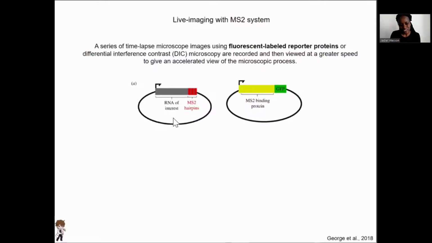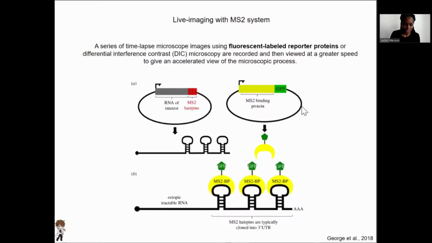So imagine if you're interested in developmental gene A, you introduce MS2 hairpins to it, and you also, in the same cells that you transfect this plasmid with, you introduce this plasmid as well, so that this MS2 binding protein becomes transcribed and actively binds these MS2 hairpins.